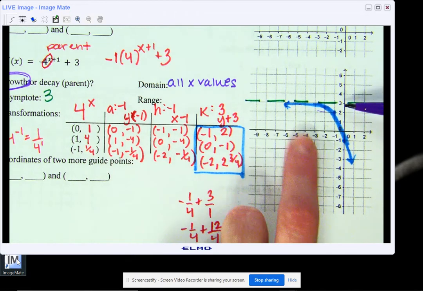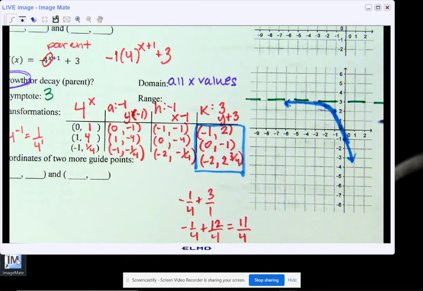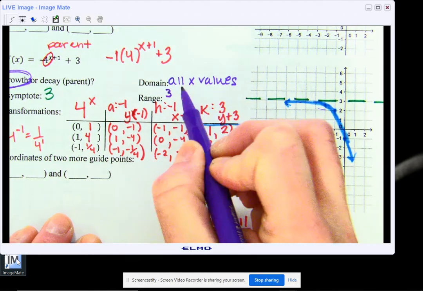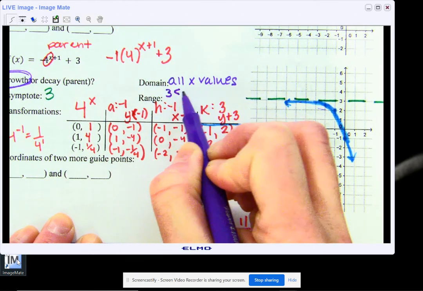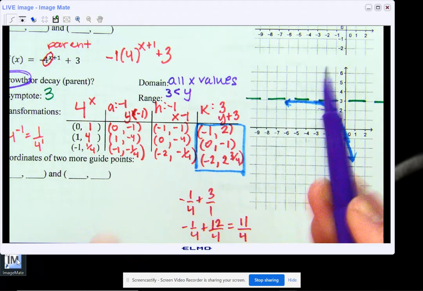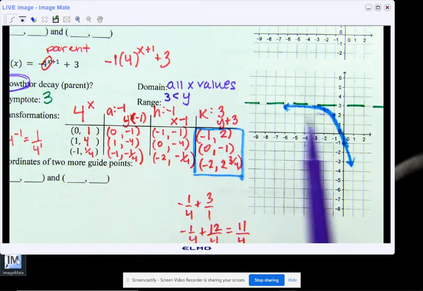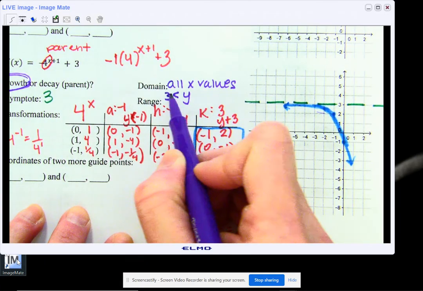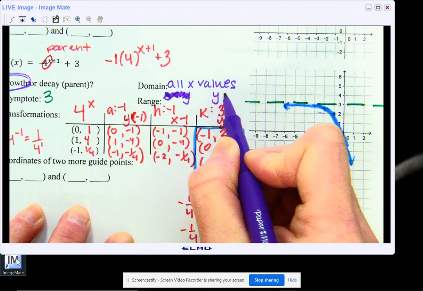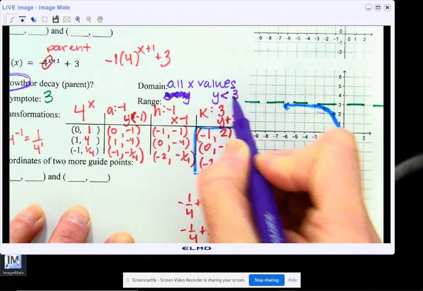Positive y's only go up to 3, but it does not include 3. So for our range, we're going to say 3 less than y, but not including y. So the y's are going to be, oops, wrong way. Sorry guys, scribble that out. Y is going to be less than 3. Sorry guys.